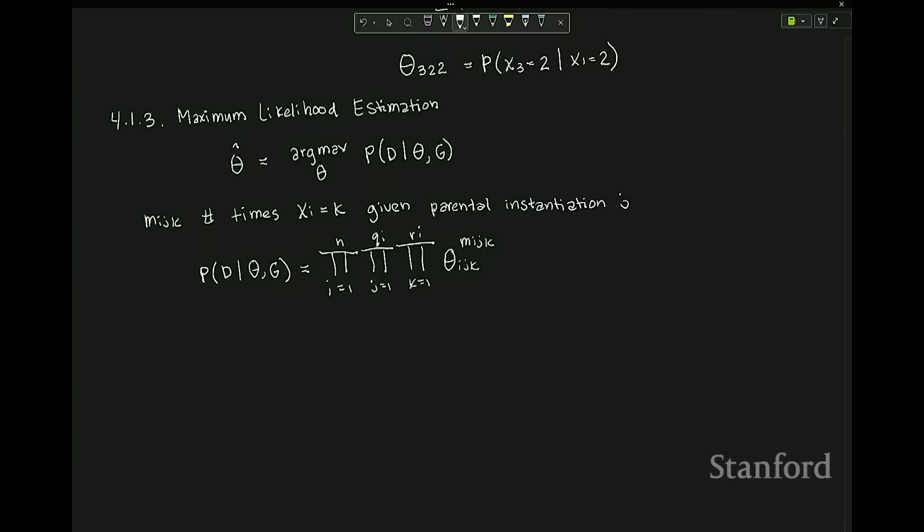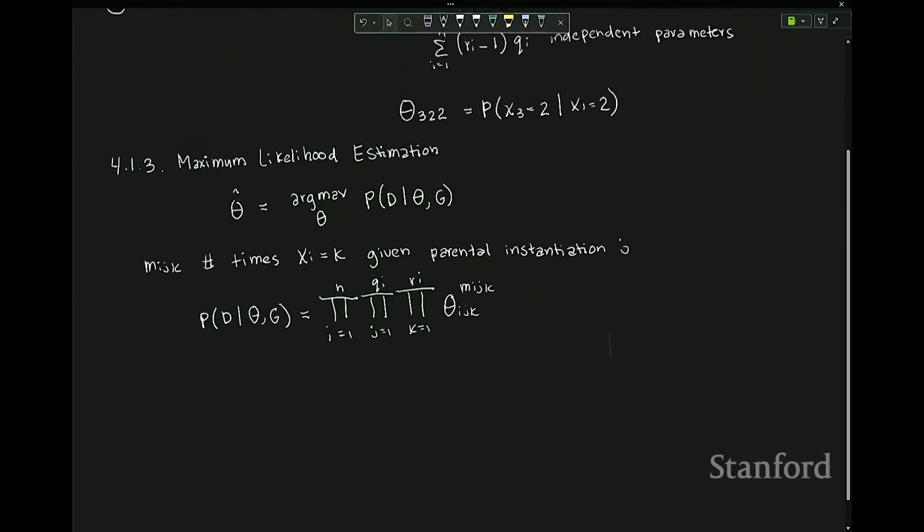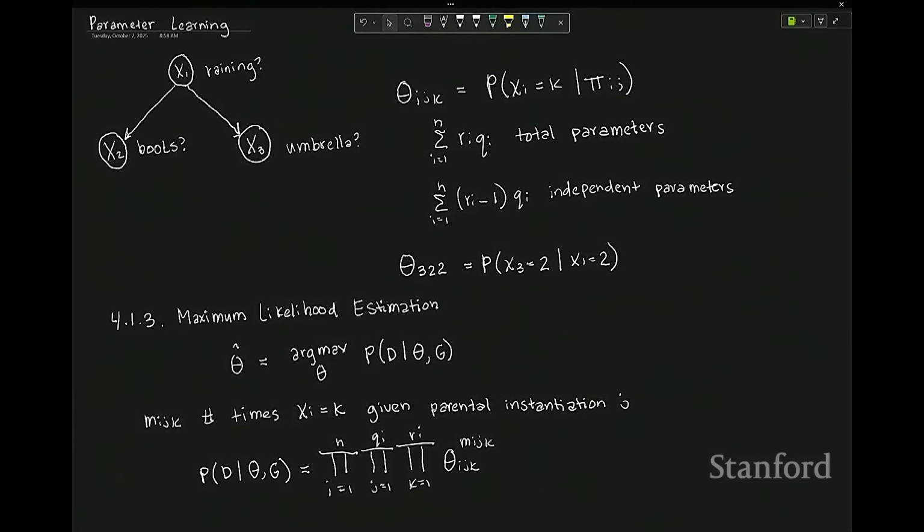I'm going to talk for a moment about where this comes from. We're assuming that all of the samples in our data set are independent. Then if we want to find the probability of the data set as a whole, we can take the product of the probabilities of each of those samples. As we've shown previously, we're using our parameters to represent the likelihood of a given node value with a parental instantiation.